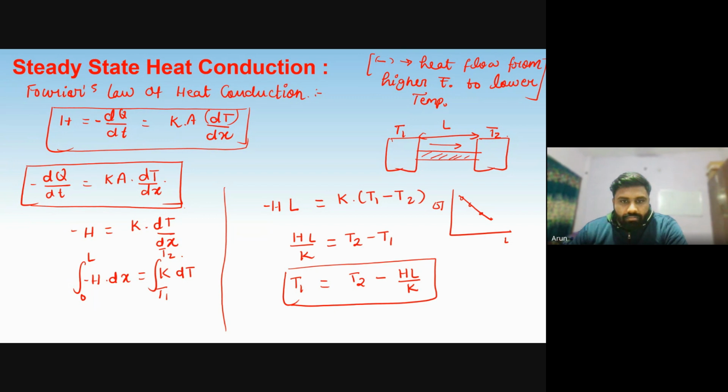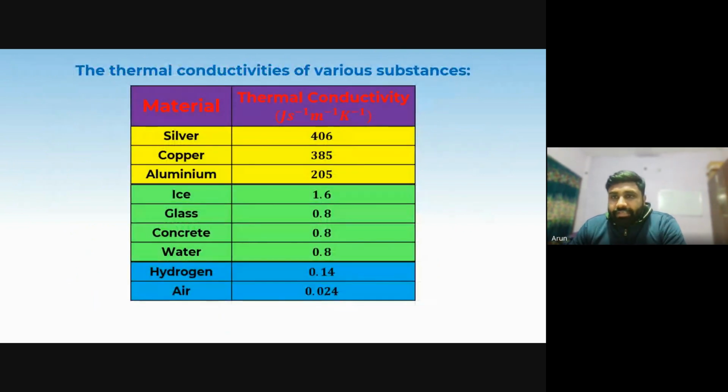Now here you can see the thermal conductivities of materials. For silver, it is 406. For copper, it is 385, which means it is much higher than ice, glass, concrete, and water. So they can transfer heat more rapidly than ice, glass, concrete, and water. That is why we use these metals as the radiator.